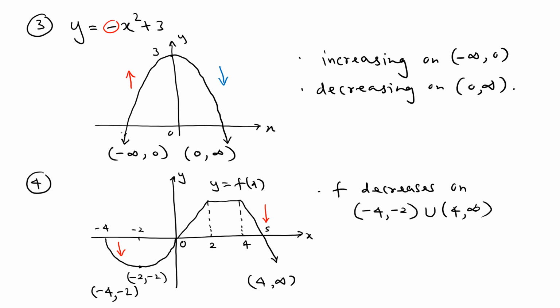So you can see it's -4 to -2, and then put the union, and then you write the second interval. That's the notation we're going to use when you have two intervals where the same thing happens.